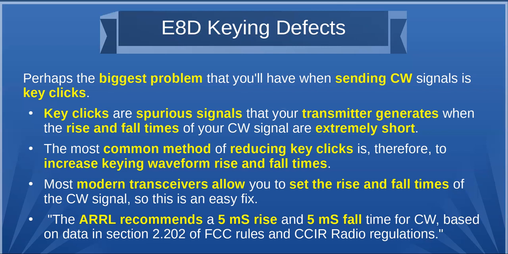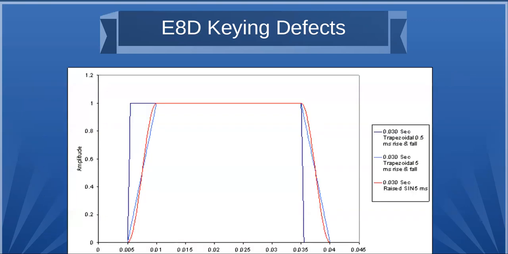So the ARRL recommends at least a 5 millisecond rise and fall time on the signal. I don't know what's standard on the radio nowadays. This is showing your standard keyed waveform and what the rise time would be, and then what it looks like when you do the trapezoid, which gives you these slower rise and fall times.